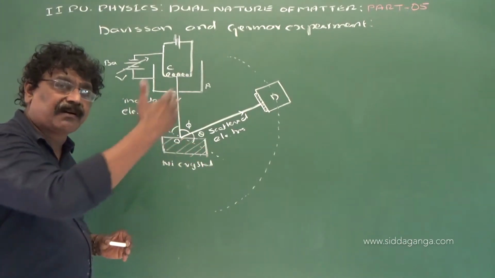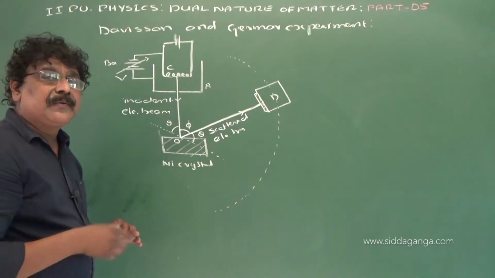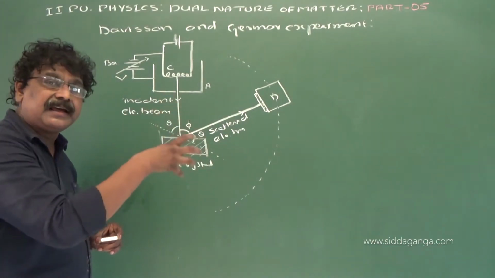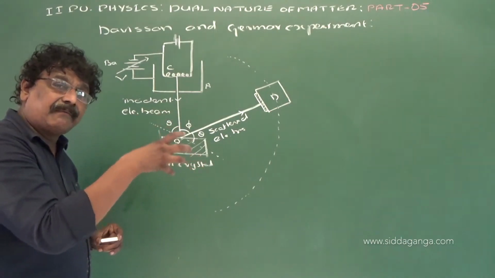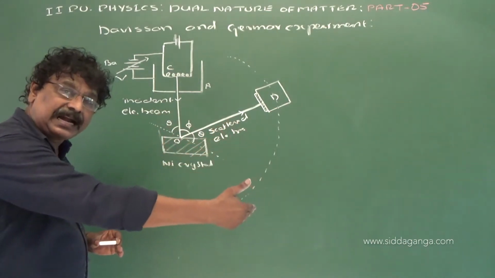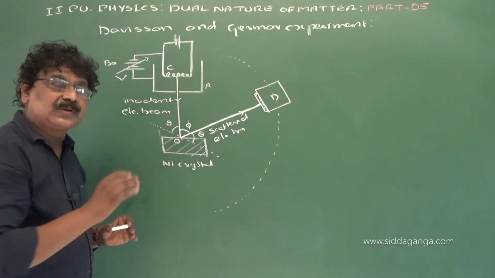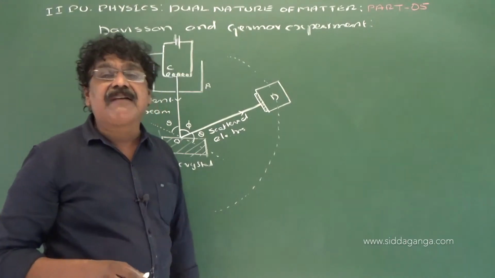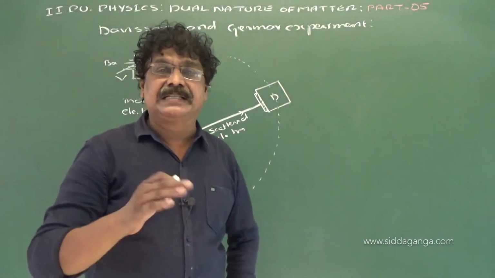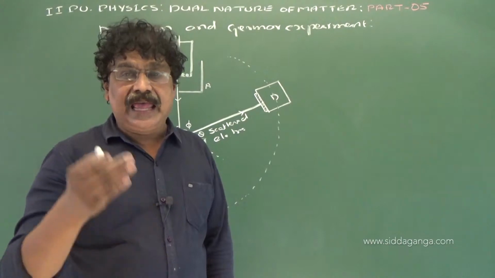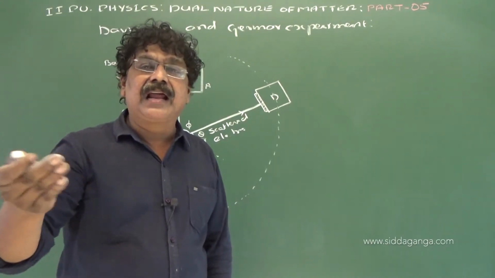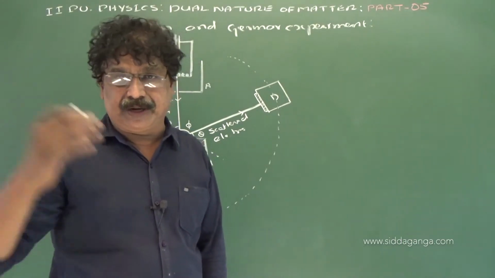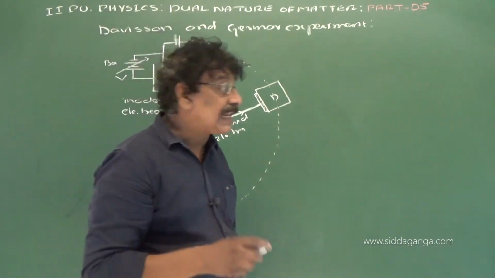In the range from 40 to 60 volt, we can measure the intensities of scattered light with the angle of scattering for different values of accelerating potential. So, when we plot a graph of intensity of scattered light against the angle of scattering for different potentials, we will obtain a set of graphs here.